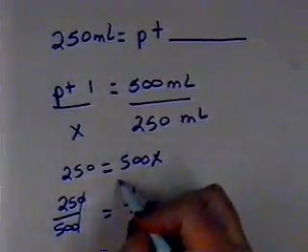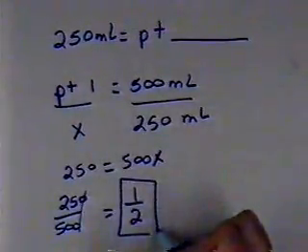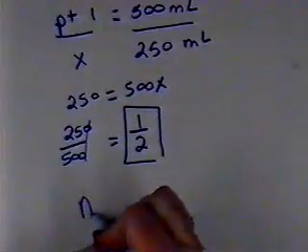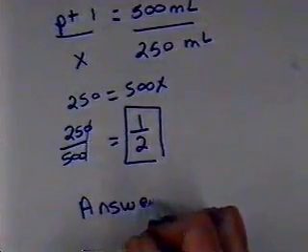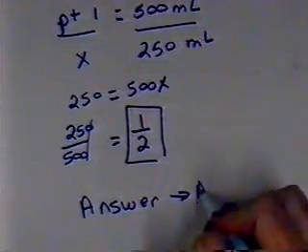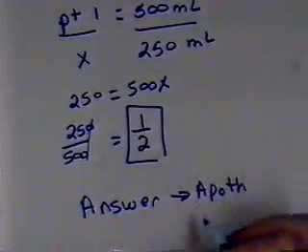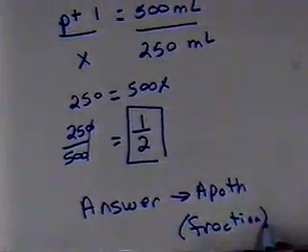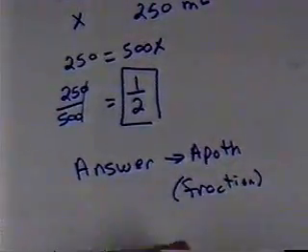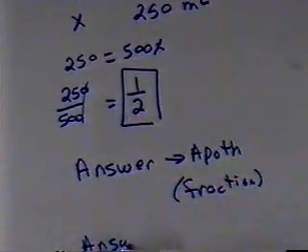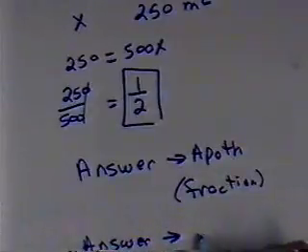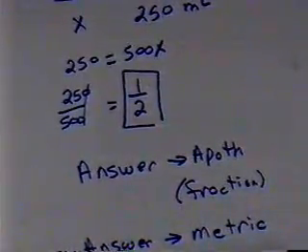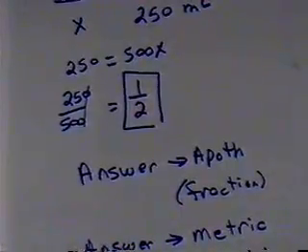Now, we have a rule about fractions and decimals. If your answer is in the apothecary system, it has to be a fraction. But if your answer is in the metric system, it has to be a decimal.